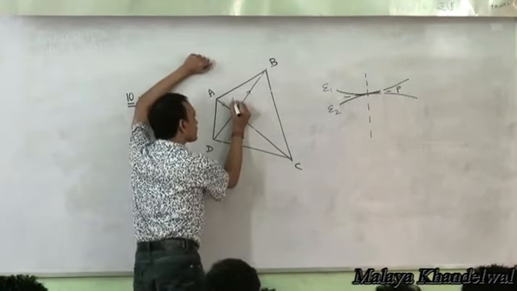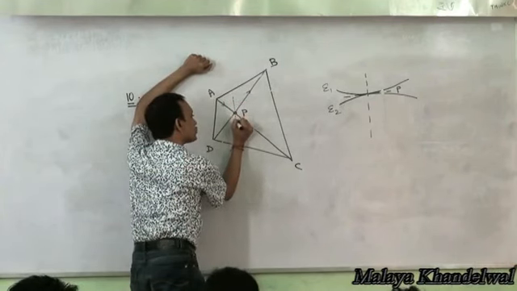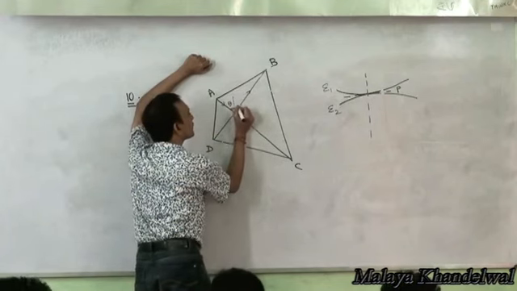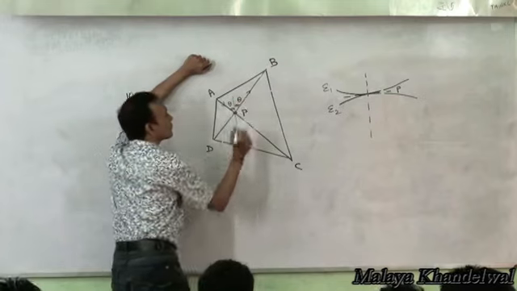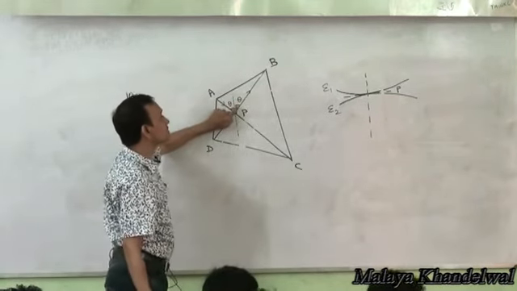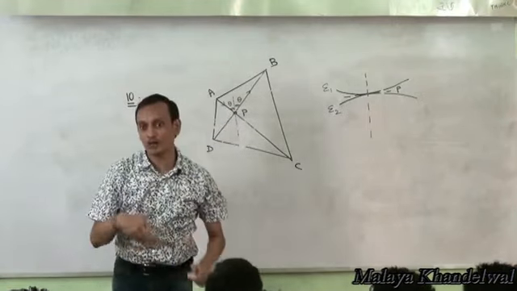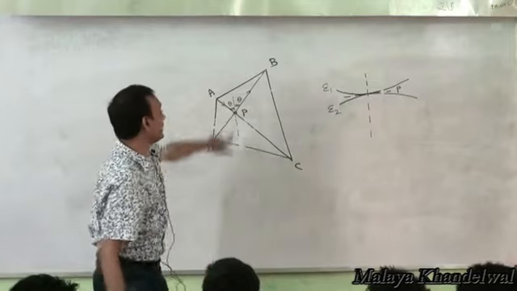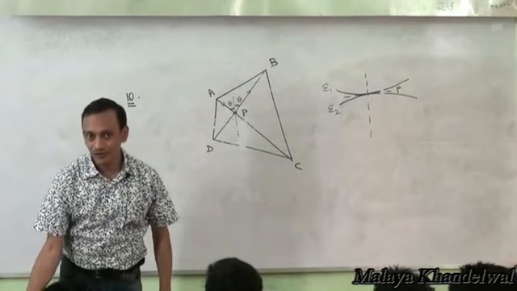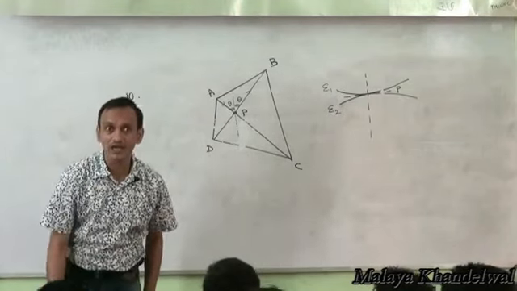If I draw an angle bisector at P, then this is the angle of incidence, this is the angle of reflection. So the angle bisector would be the normal to ellipse 1 at P, yes or no? The angle bisector at P would be the normal to the ellipse at P. Is that okay?